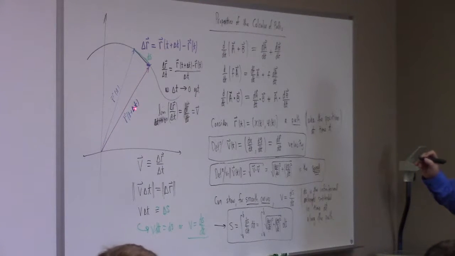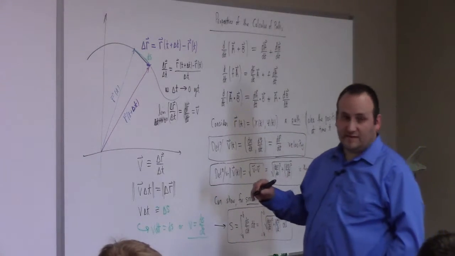So a little change in time. I'm comparing these two particular points on the path. So the change in r I can get by calculating the difference of r of t plus delta t and r of t. If you haven't studied vectors enough, let me try to explain it to you.